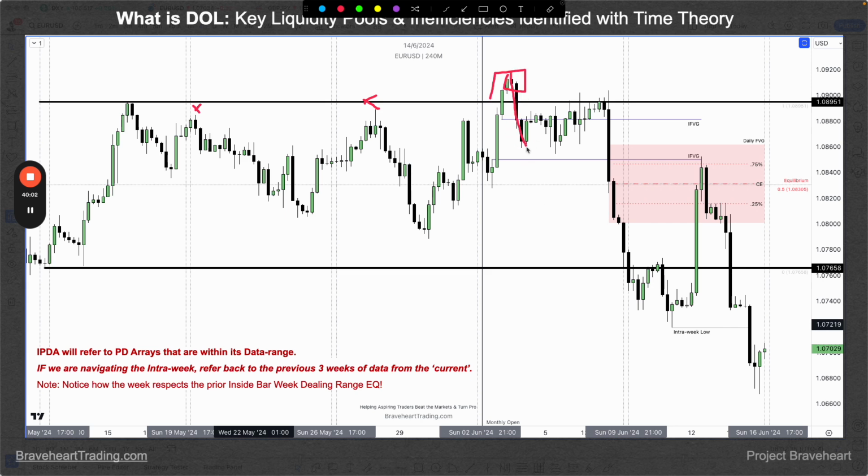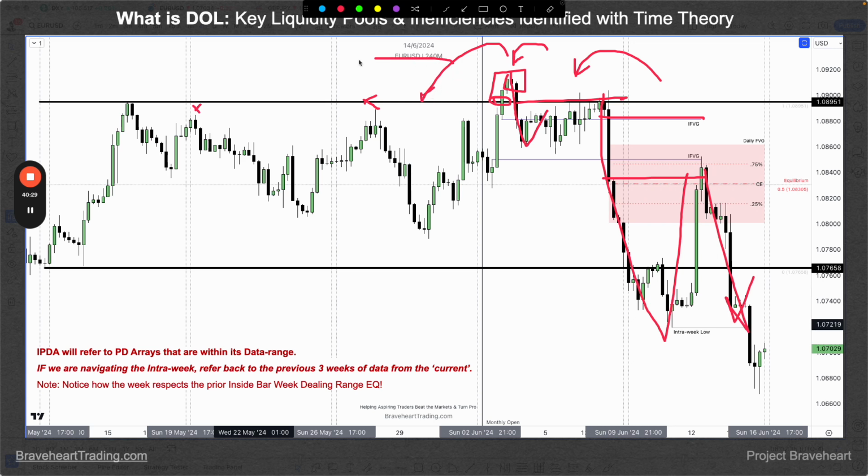Then we have fair value gap, balanced price range here. Then we have a high probability displacement, optimal trade entry into this imbalance here, and then another displacement lower. So we can choose this imbalance based on 1 week look back, and then we can trust this high based on the second week look back and third week look back.